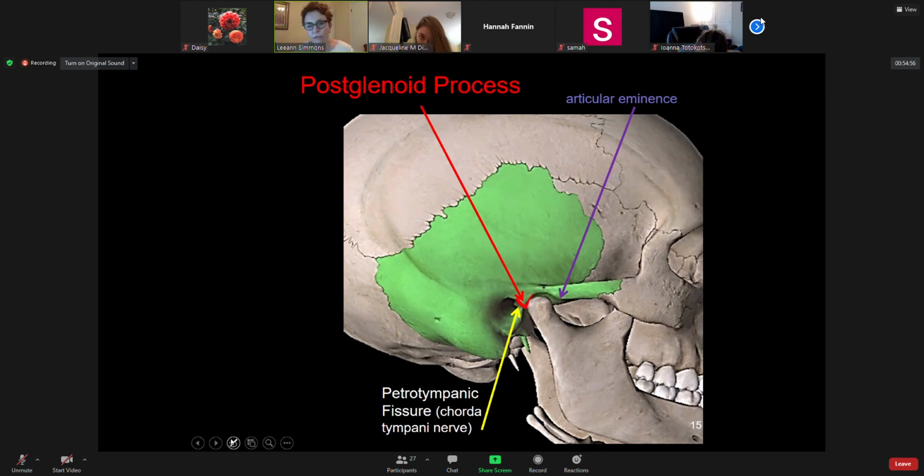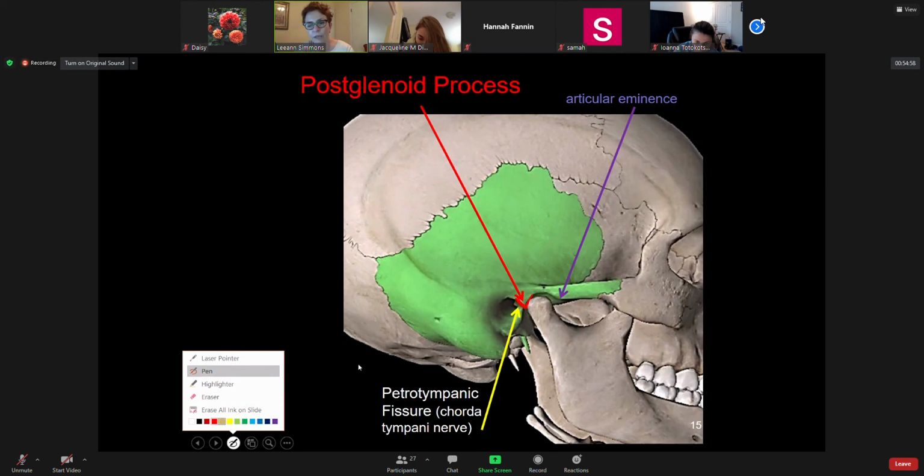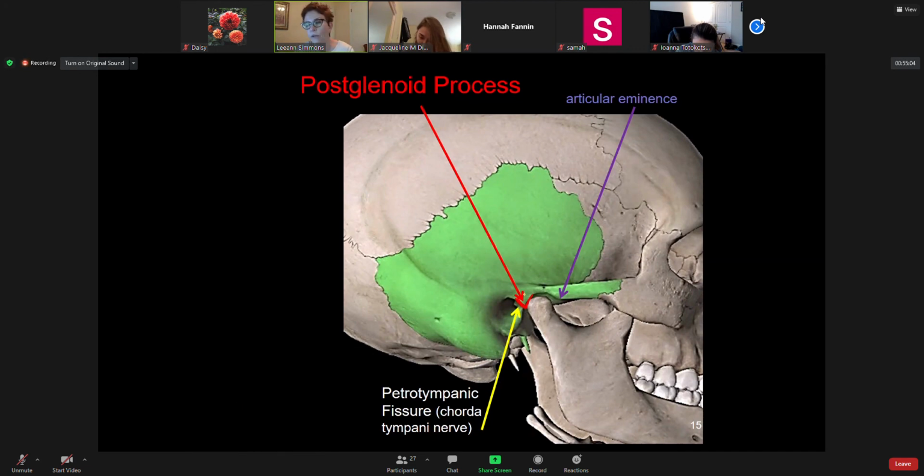So let me get the color again, it's orange. Your petrotympanic fissure is right here, okay? So you see they're right next to each other.